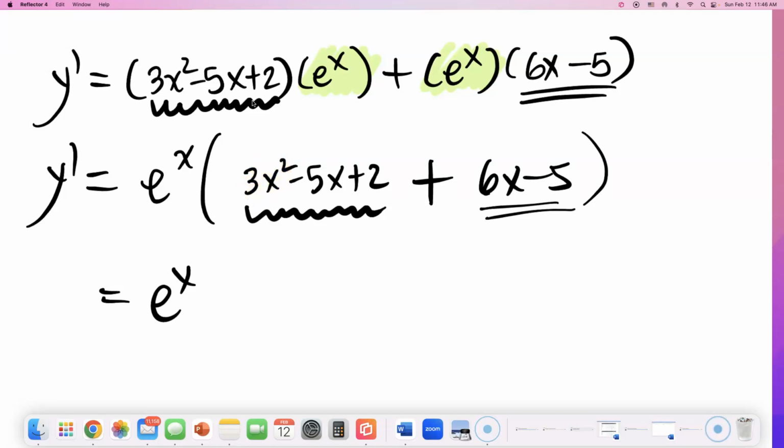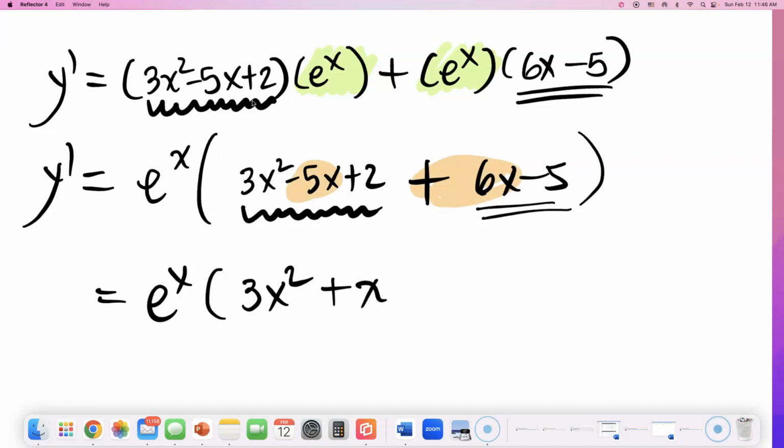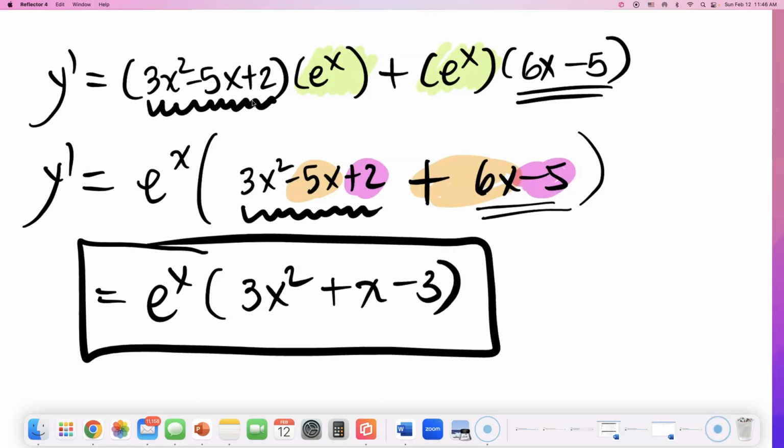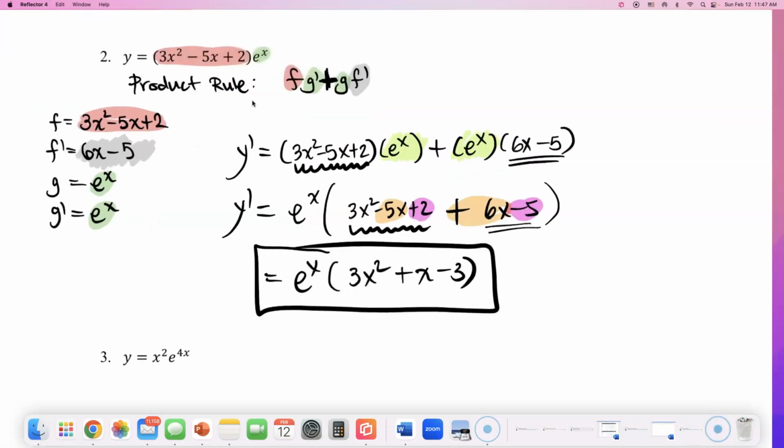Oh, sorry, that doesn't have a like term, so I'll just write 3x squared. But this minus 5x and this plus 6x, I can combine and get plus 1x. 6 minus 5 is 1. And then another like term, I have this 2 and minus 5. And 2 minus 5 is -3. So that is how you can simplify your answer all the way. That's a very good example of a product rule review.